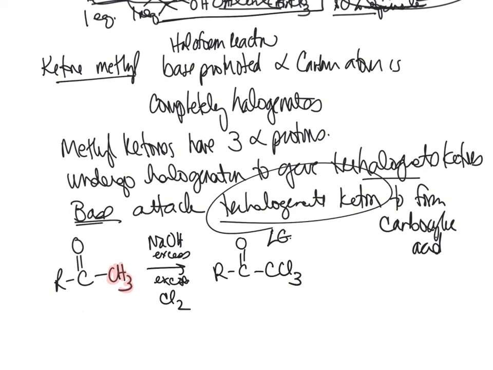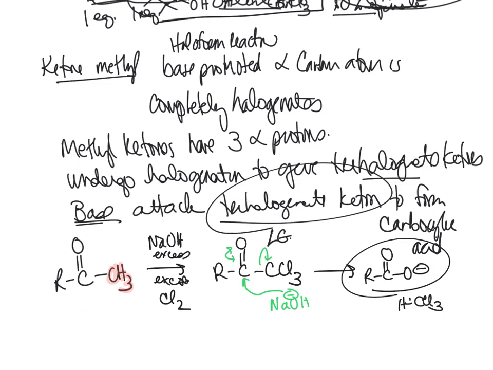And then this would undergo the sodium hydroxide. This could come here, this would go up, and then that would leave, and you would form CHCl3, and then this would get protonated to form your carboxylic acid and your haloform. Like I said, look at your water bill and you would see that.